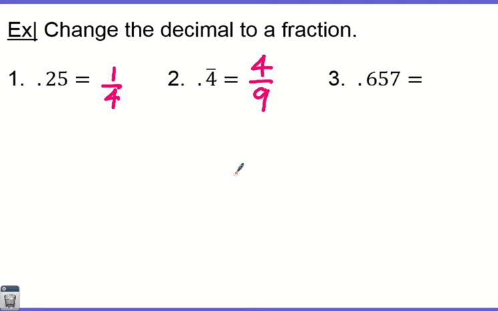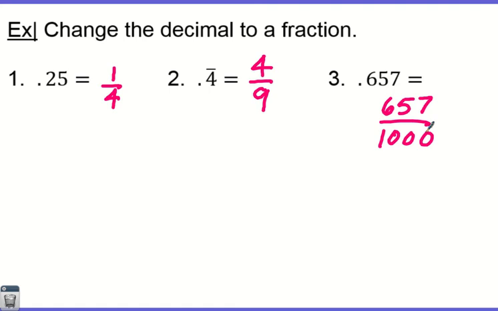And then just one more quick example, 0.657 or 657 thousandths. On my calculator, that's what my calculator is saying. So I'm going to assume it can't reduce, because if it can reduce, then it's too big of a fraction for this particular calculator to handle.